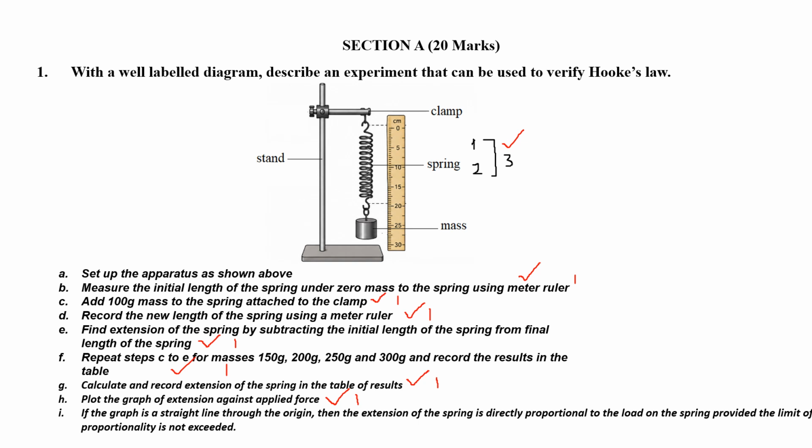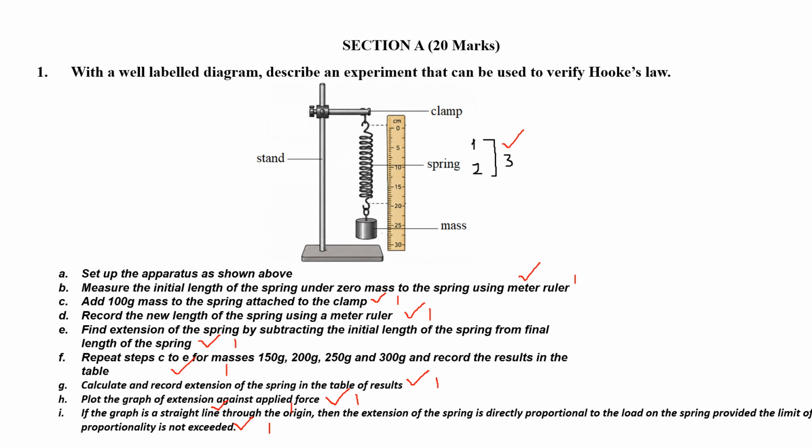By saying that if the graph is a straight line through the origin, that's 1 mark, then the extension of the spring is directly proportional to the load on the spring, provided the limit of proportionality is not exceeded. Again, that's 1 mark. So altogether you have 3 marks there for the diagram. 4, 5, 6, 7, 8, 9, 10, 11. So we have too many marks.